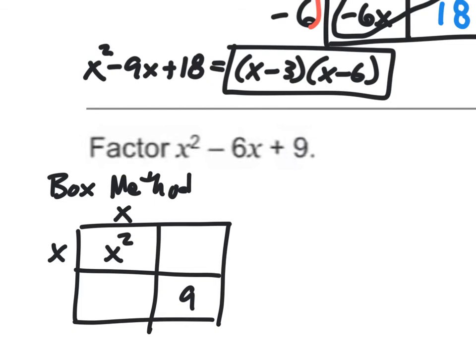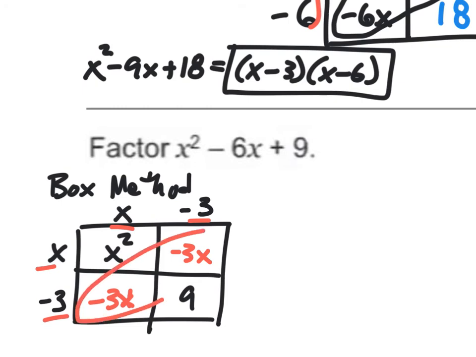And then what two numbers multiply to 9 but at the same time add to -6? So what if I did -3 and -3? Then I take -3 times x, that gives me -3x. If I take -3 times x, that's going to give me -3x.